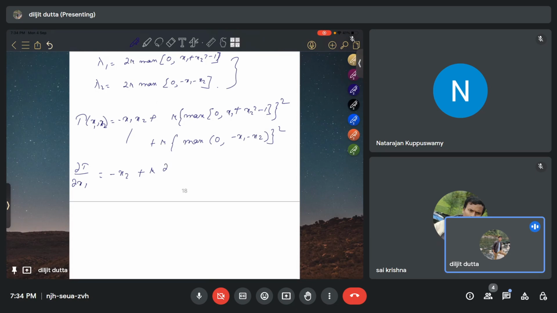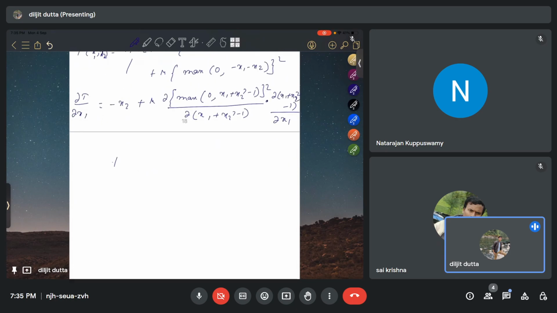So we do del of maximum of 0 comma x1 plus x2 square minus 1 whole square with respect to del of x1 plus x2 square minus 1, into del of x1 plus x2 square minus 1 divided by del x1. We are using just the chain rule here.